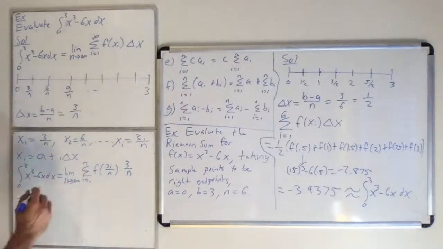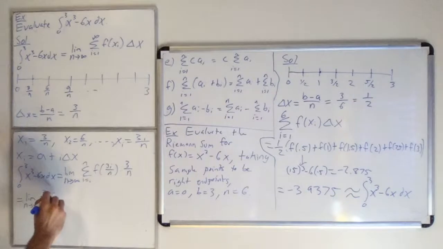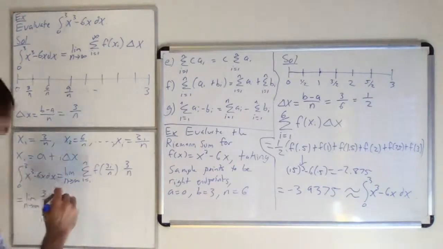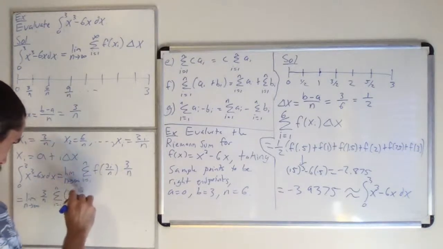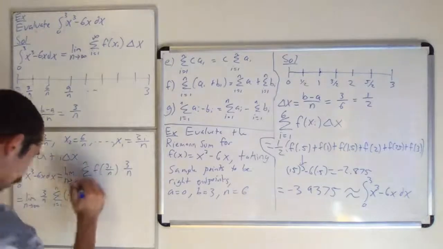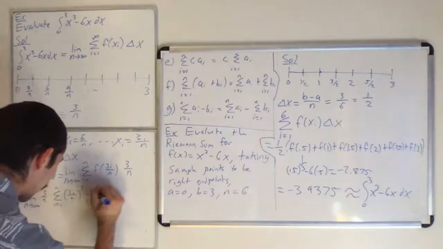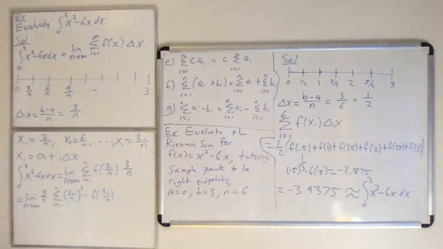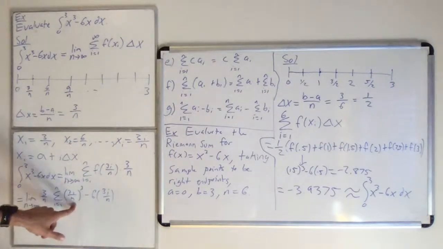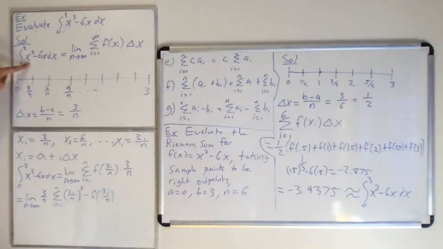That's just a constant. So I evaluated our function at 3i over n, which is 3i over n to the third minus 6 times 3i over n.